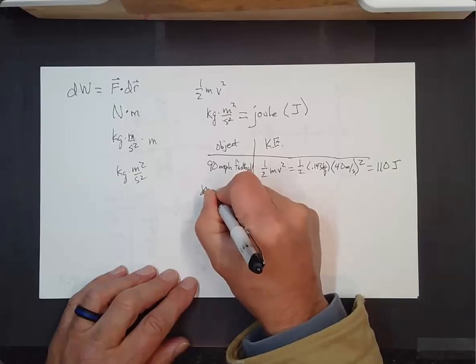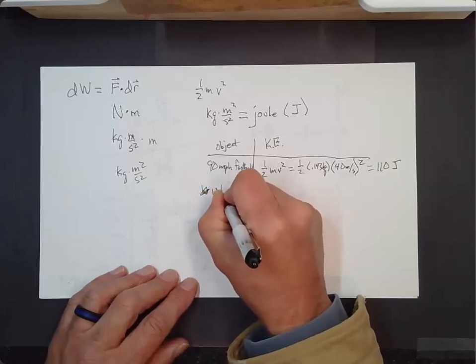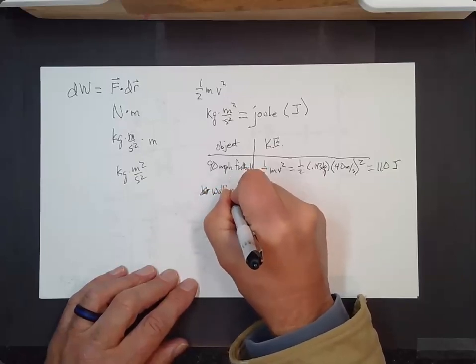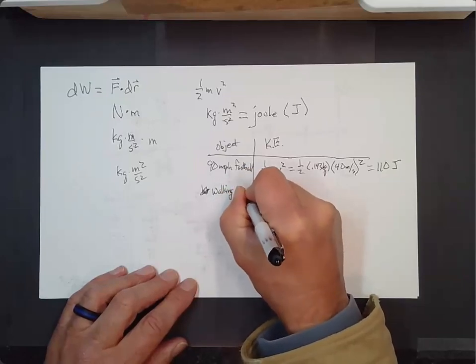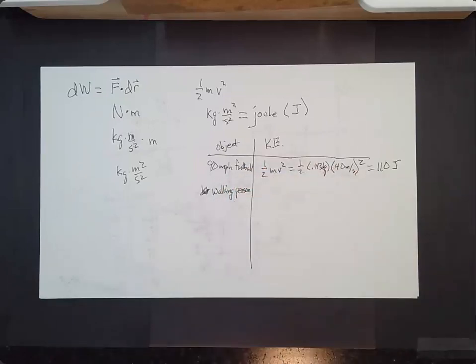Now let's take a walking person. Something I didn't have you do was measure out a distance on the floor and walk it, but I can make an estimate here.